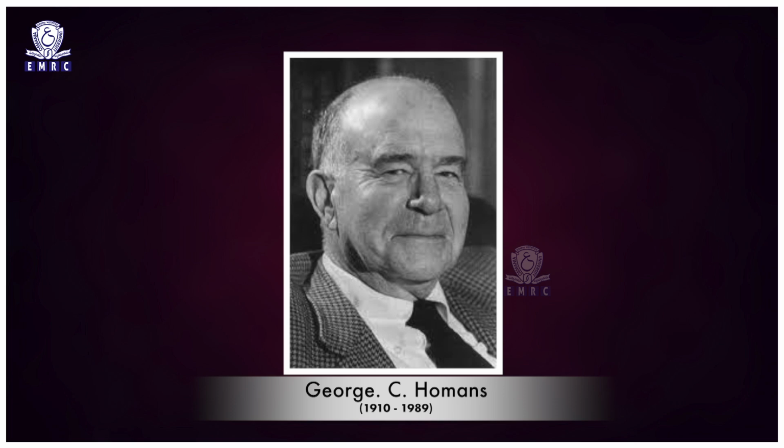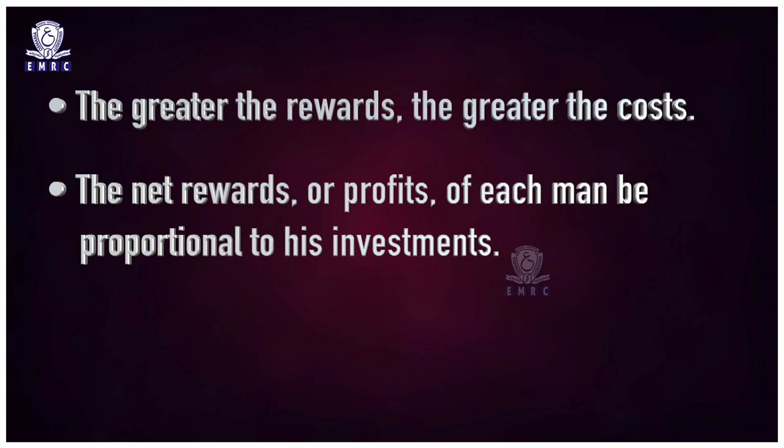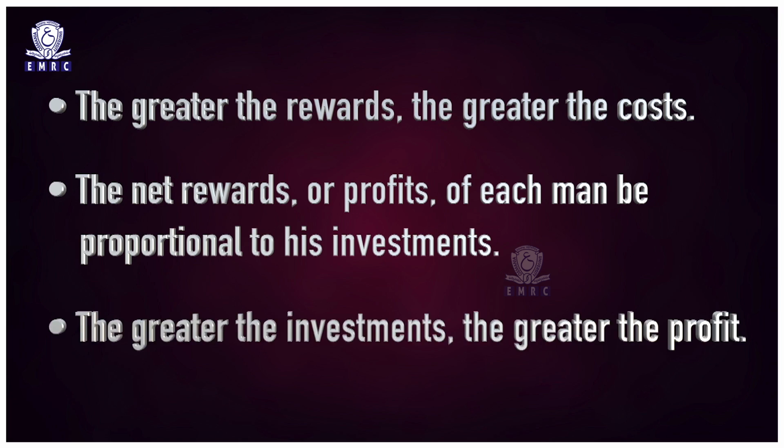George Homans calls this the rule of distributive justice and describes it like this: a man in an exchange relation with another will expect that the rewards of each man be proportional to his costs. The greater the rewards, the greater the costs, and that the net rewards or profits of each man be proportional to his investments. The greater the investments, the greater the profit.